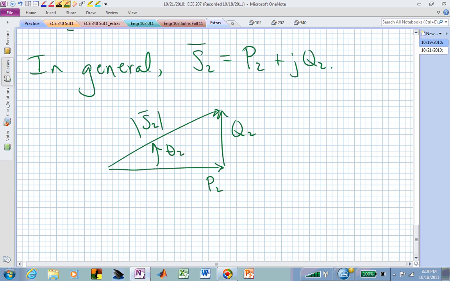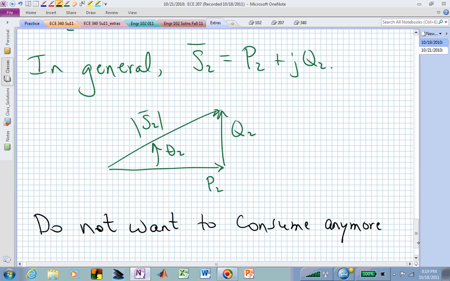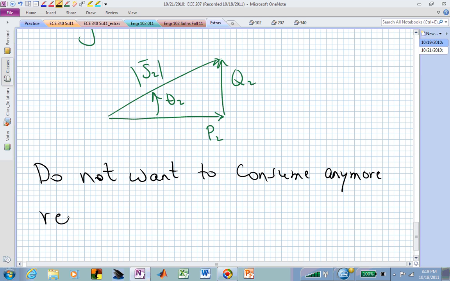But in this problem, we're trying to do a power factor correction, and because of that, we're really not wanting to consume any more real power.